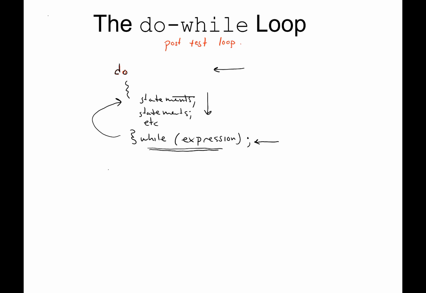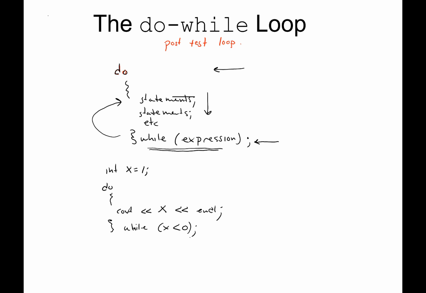An example of this is, let's say that we have an integer x that's equal to 1, and then we say do, and then let's say we just want to do a cout statement. Let's just say we're going to cout x, and then we have while x is less than 0.